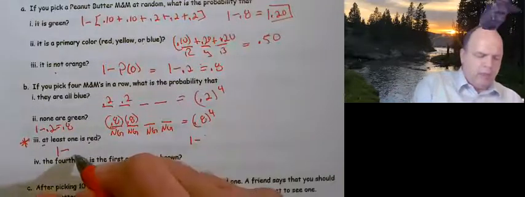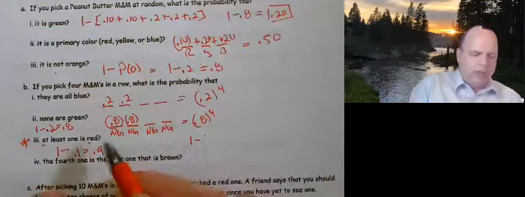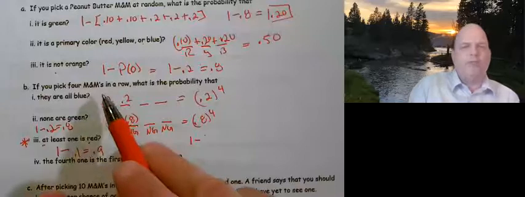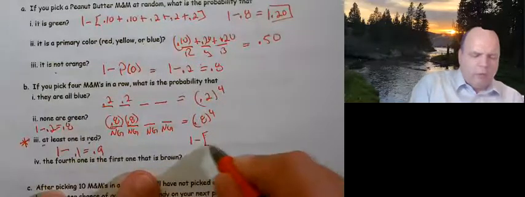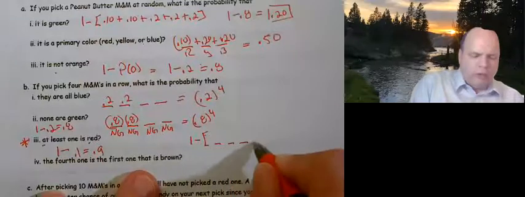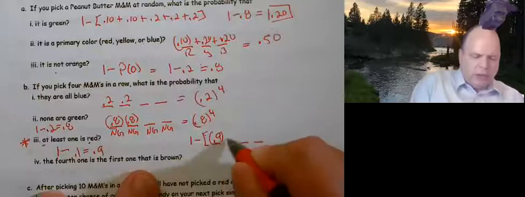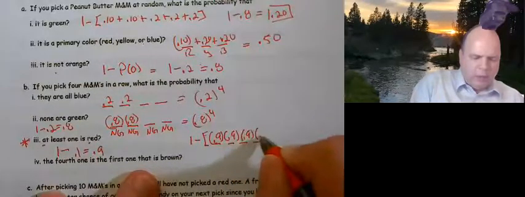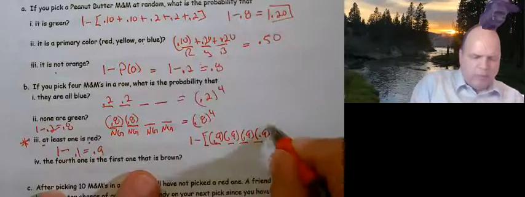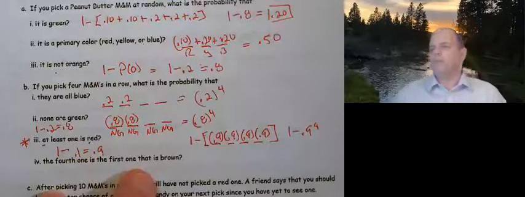Well, 1 minus 0.1 equals 0.9. So, but we're picking 4 in a row. So I need four blanks. So 1, 2, 3, 4. So 0.9 times 0.9 times 0.9 times 0.9, or 1 minus 0.9 to the 4th power.